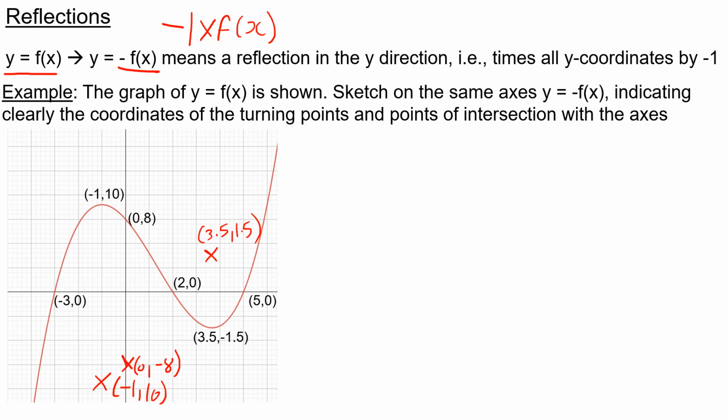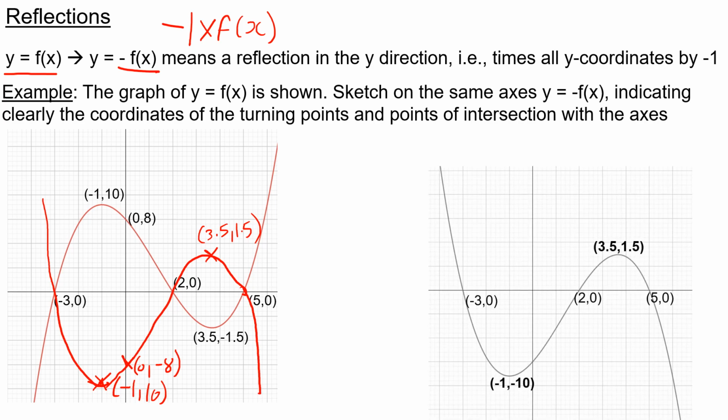So the graph will basically look exactly like the graph we originally have, but it's just reflected, so it's basically turned upside down, reflected in the x-axis, or we can say in the y direction. So I'll do that. Smoothly go up there, and then down like that. So more neatly, your finished graph will look like that. That's the transformed graph y equals minus f of x.